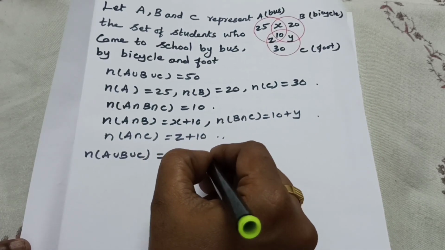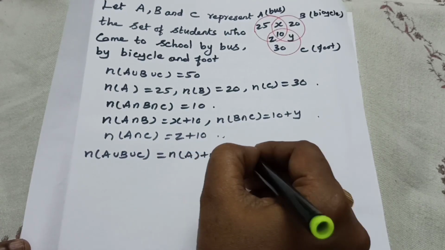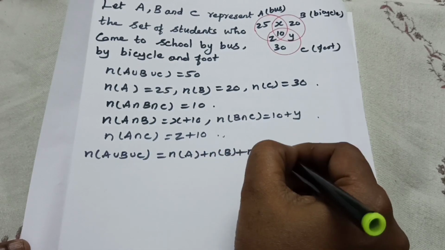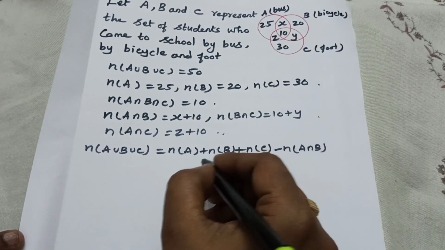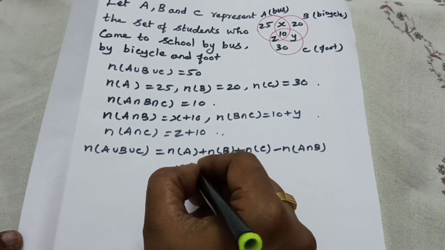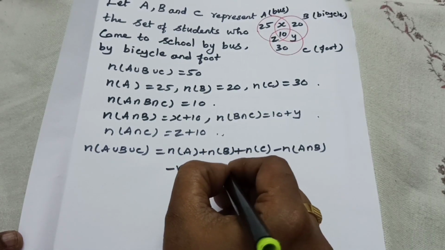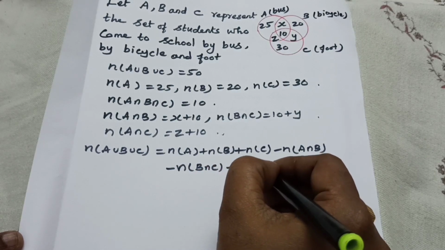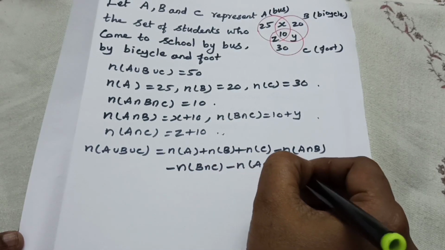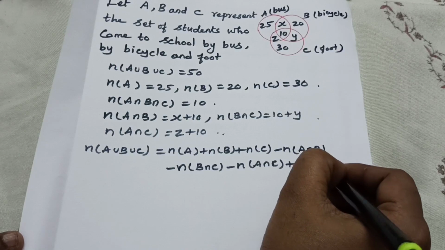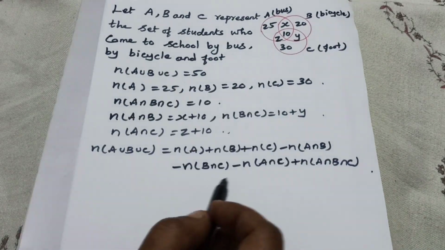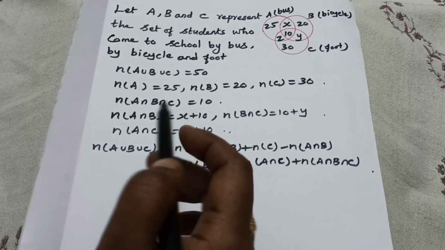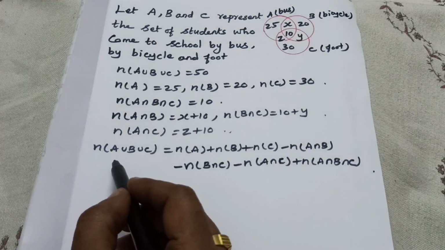that formula you should write: N of A plus N of B plus N of C minus N of A intersection B minus N of B intersection C minus N of A intersection C plus N of A intersection B intersection C. Okay, all these values you should substitute; the total N of A union B union C is 50, isn't it?